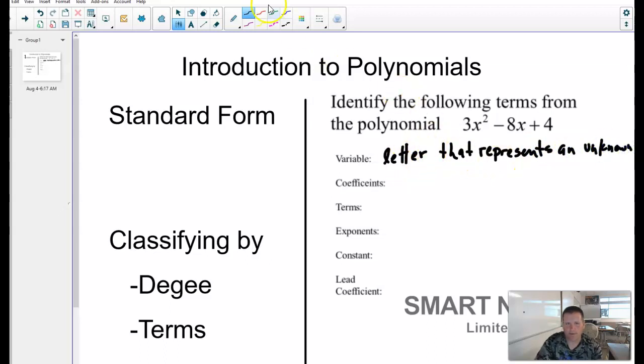For this one, our variable is x, in this example right up top.